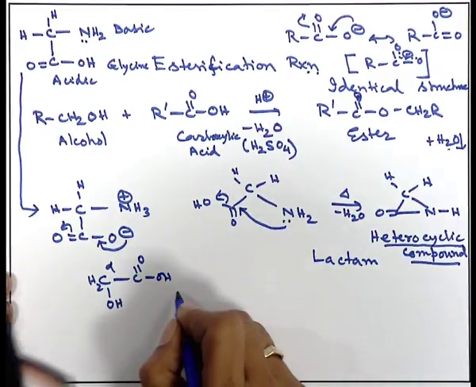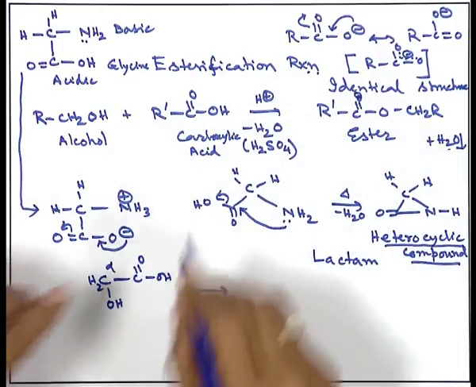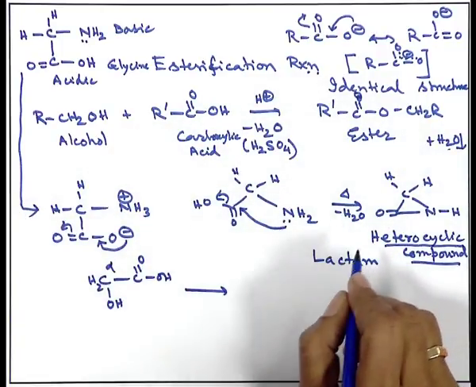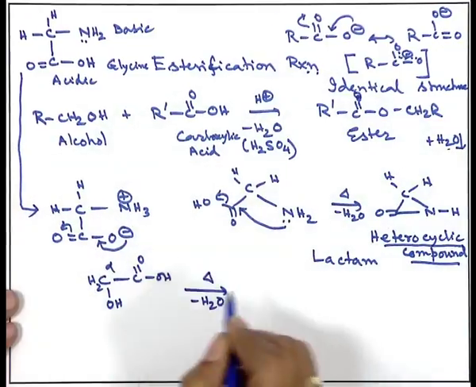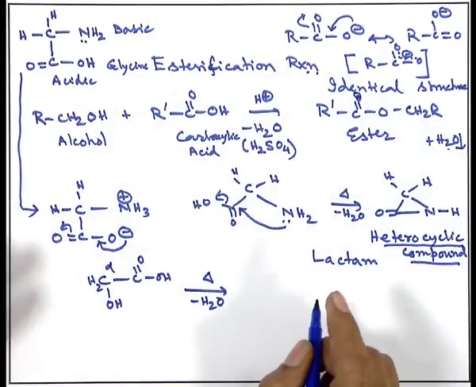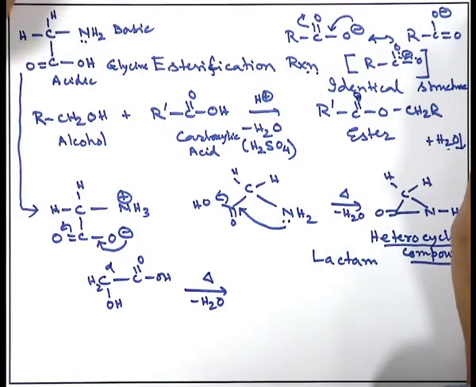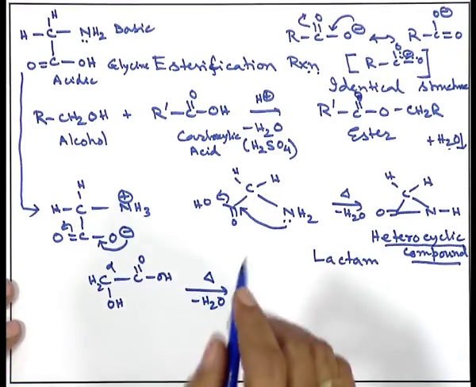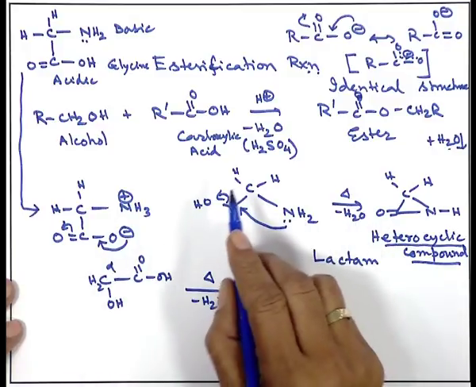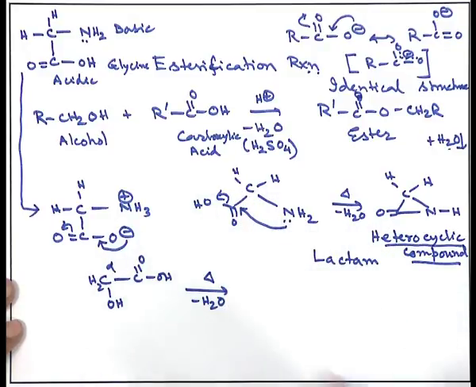If I take alpha hydroxy carboxylic acid instead of alpha amino carboxylic acid, and do the similar thing, instead of taking the amino group, I have taken the OH group, that is the difference. CH2OH, COOH, and the earlier one was an example of CH2NH2COOH. This is the difference. What will happen?